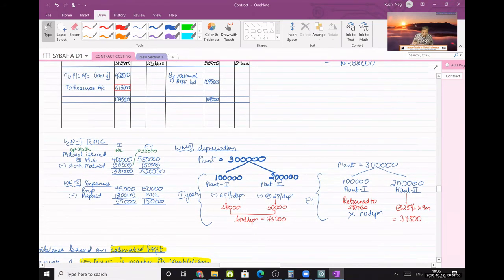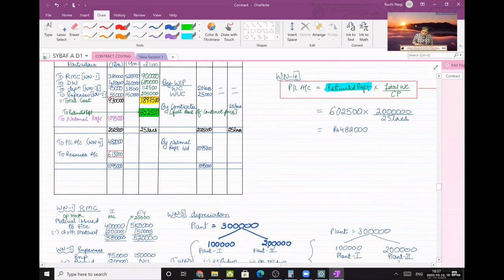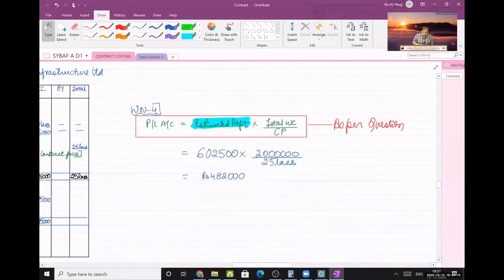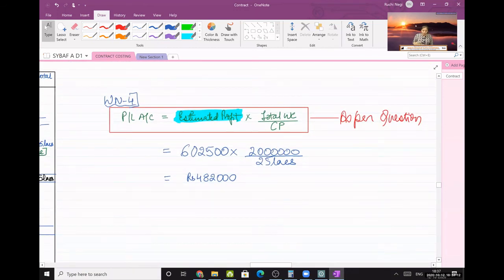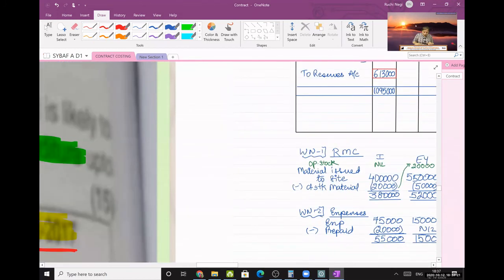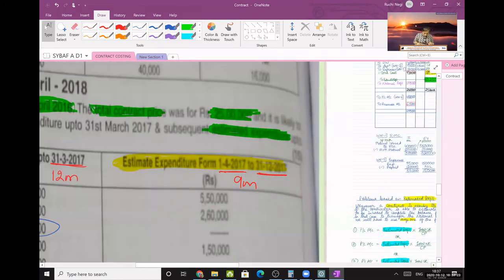Yes, Swapnil, your calculation is correct. Now this is your working note number 4. P&L account: how much will you transfer? Which formula is to be used? That will be given in the question. Now see the question.